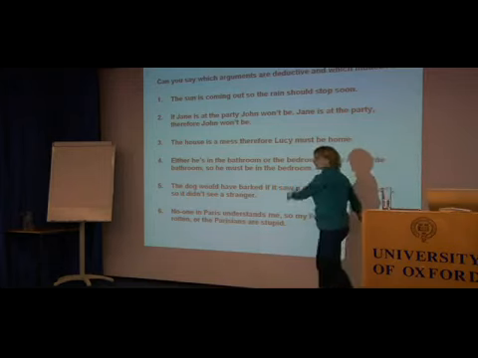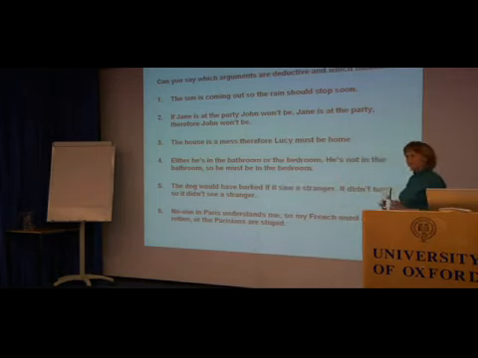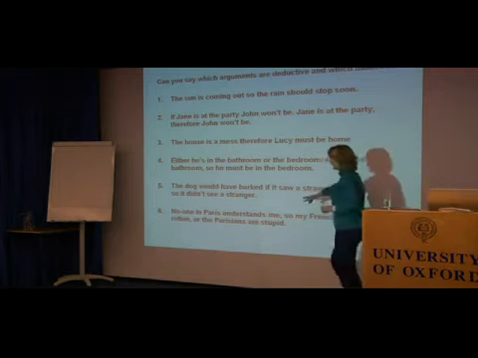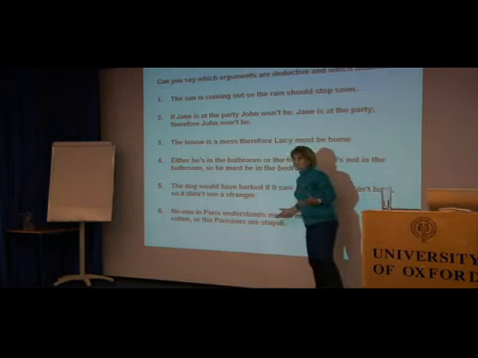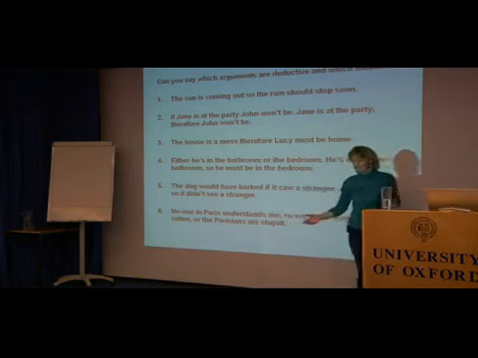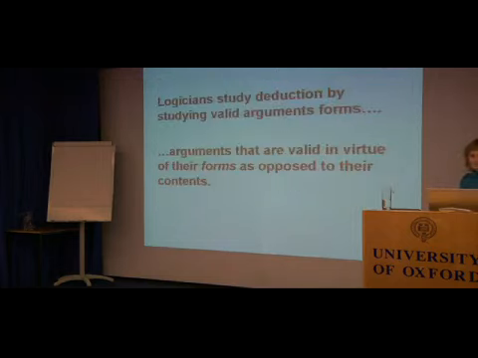That's right, it's actually a complex conclusion, isn't it? My French must be rotten, or the Parisians are stupid, and the premise is no one in Paris understands me. So it may be the case that if that's true, these are true, but there are other reasons for nobody understanding me, aren't there, as well? Okay, good. So you have actually got it, even if we got tied up in a few knots there.